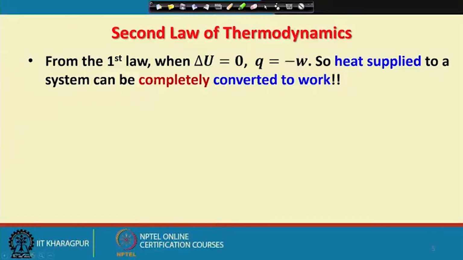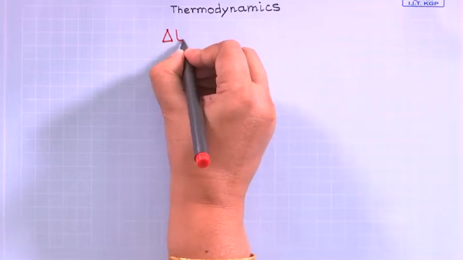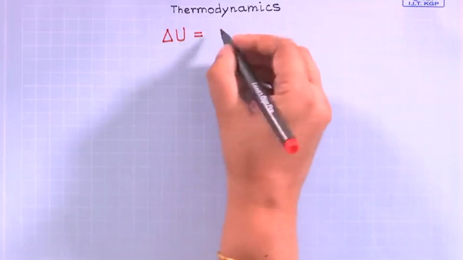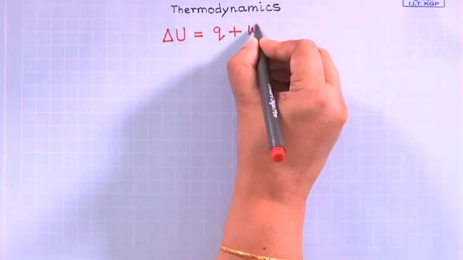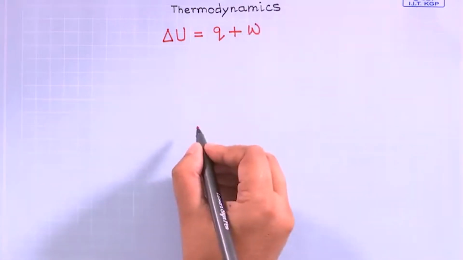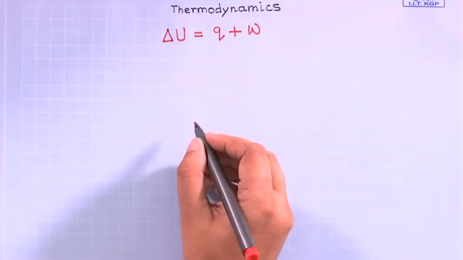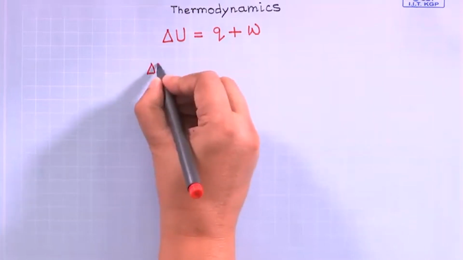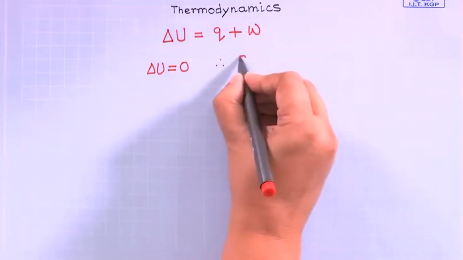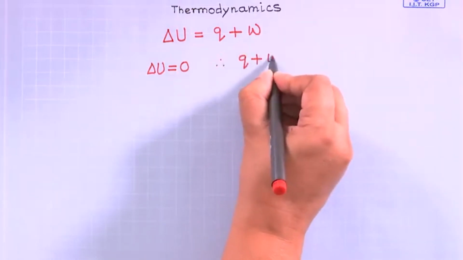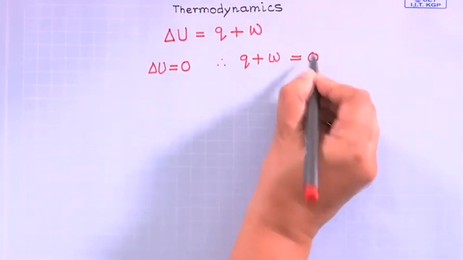If we have a look at what the first law says, we have already seen that the change in state introduces a change in internal energy of the system, whereby ΔU = Q + W. Now, if it so happens that ΔU = 0, this means that I must have Q + W = 0.